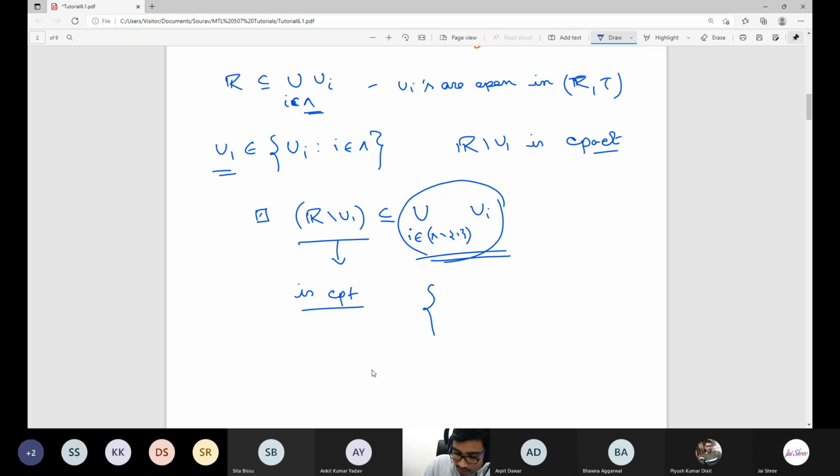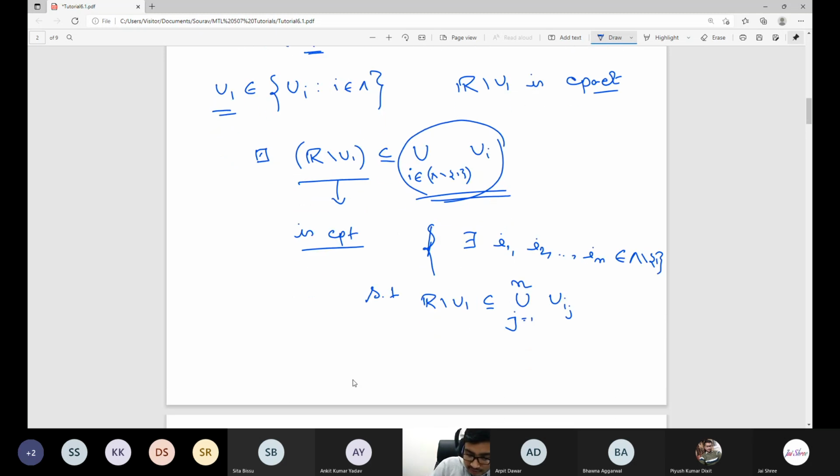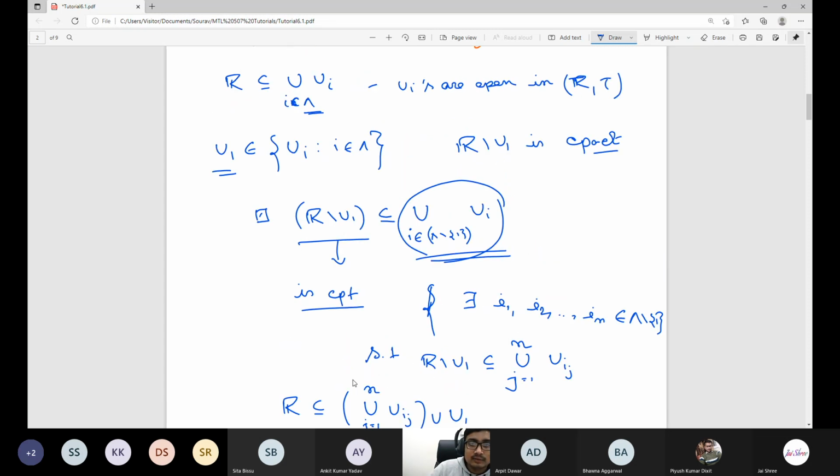That means there exist i_1, i_2, up to i_n belonging to lambda minus the singleton set {1}, such that R minus u_1 is contained in the union over j equal to 1 to n of u_{i_j}, because this is compact. Now therefore R is contained in the union over j equal to 1 to n of u_{i_j} union u_1. So we have a finite subcollection. Therefore R is compact.